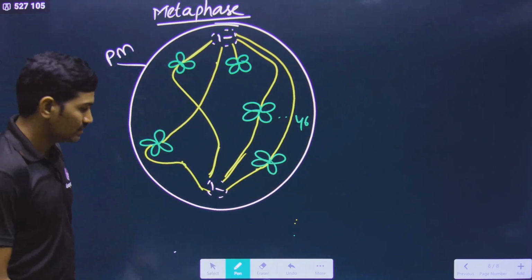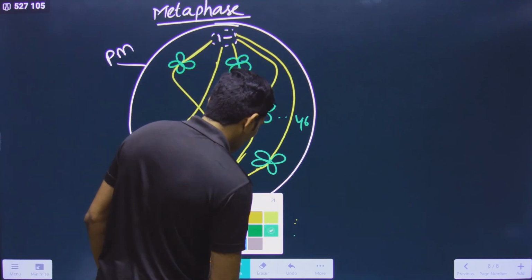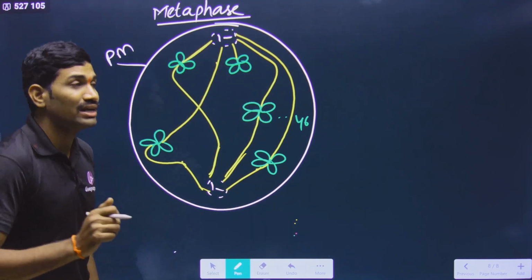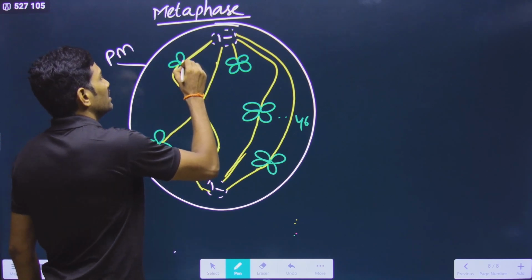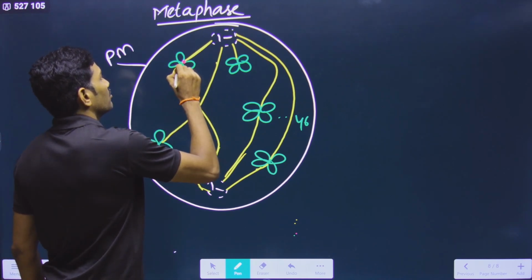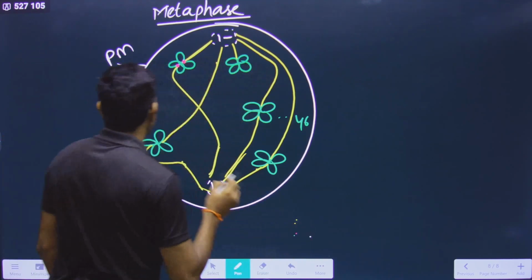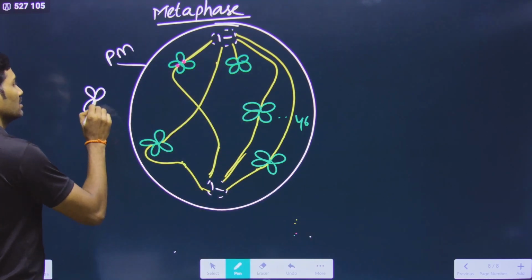This is the chromosome. For this chromosome, we already studied the centromere. Where will the spindle fibers attach? At the centromere. How are they attached? To the centromere, on one side one kinetochore, on the other side another kinetochore. We studied this under the cell chapter, no? Suppose this is the centromere.